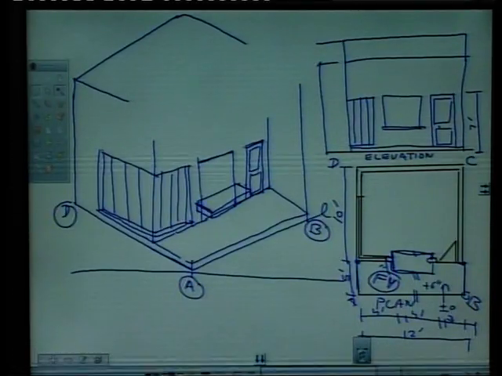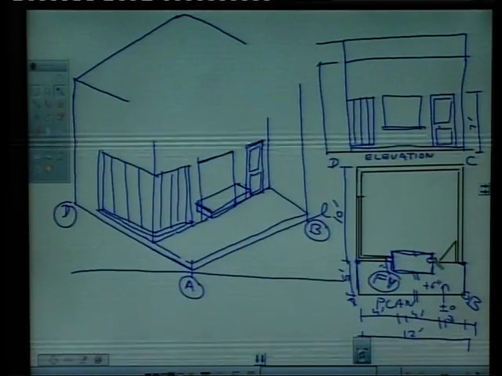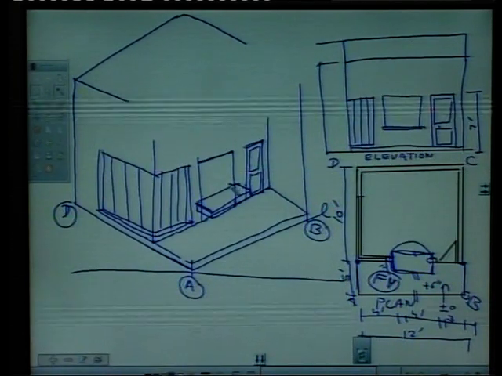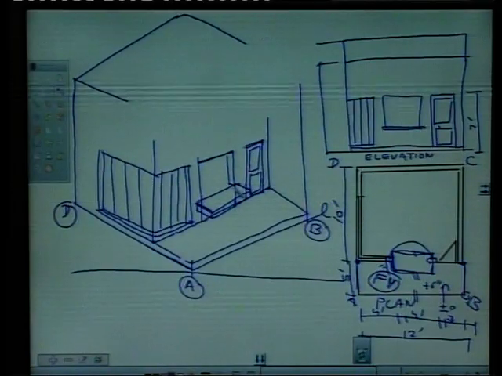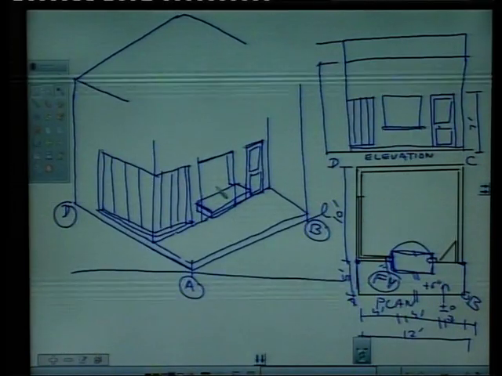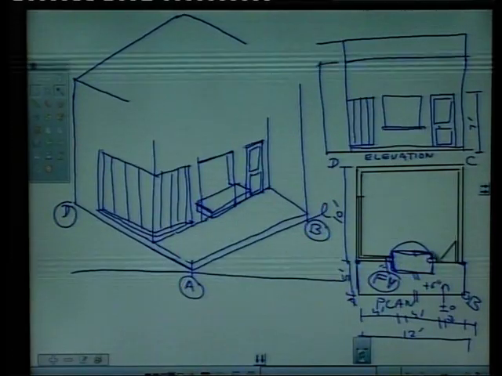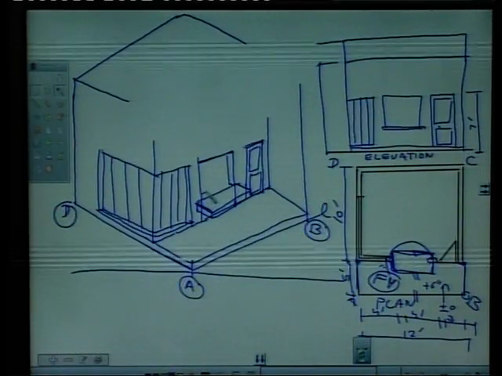We can show some depth of the window, say this counter, we can represent wall, this is thickness of the wall. If there is a counter inside the room also, we will extend our counter line and draw a line like this.